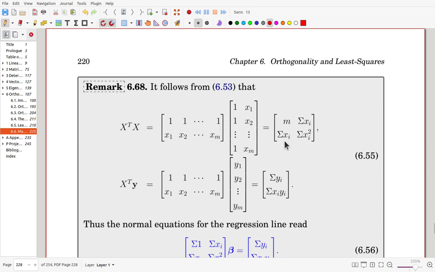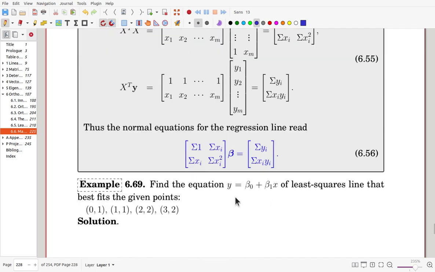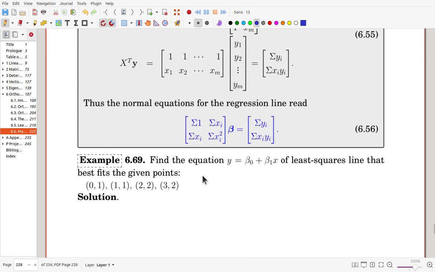Of course that must be the same, and these two dot products will make a summation of xi squared. And for the right side, x transpose y, the first entry must be summation of yi, the second one must be summation of xi yi. So we have this matrix. For this one, we may try to use this formula. Okay, let's try to do that.